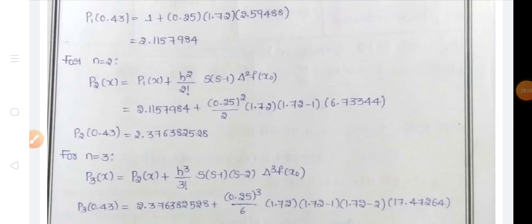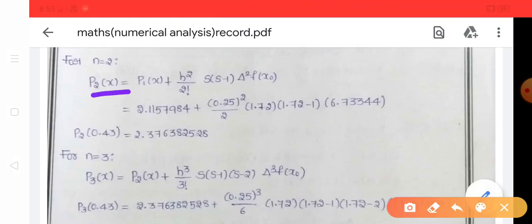For n equals to 2, P2 of x equals to P1 of x plus h square by 2 factorial s into s minus 1 delta square f of x naught.